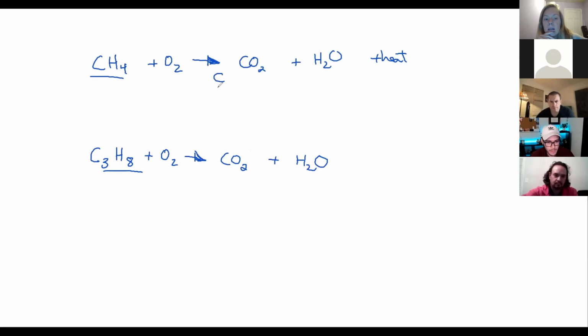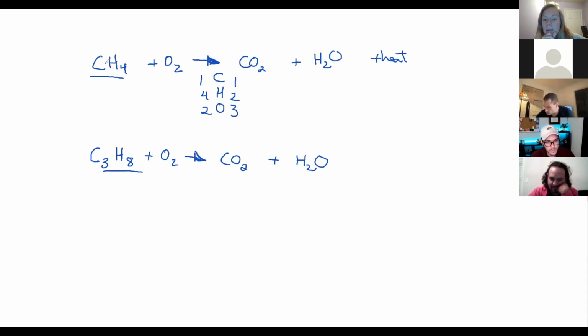So we have carbon, hydrogen, and oxygen. 1 carbon to start, 1 carbon to end, 4 hydrogens to start, 2 hydrogens to end, 2 oxygens to start, 3 oxygens to end. When you're balancing combustion reactions, first balance your carbon, then balance your hydrogen, then balance your oxygen. It just seems to work out better that way.